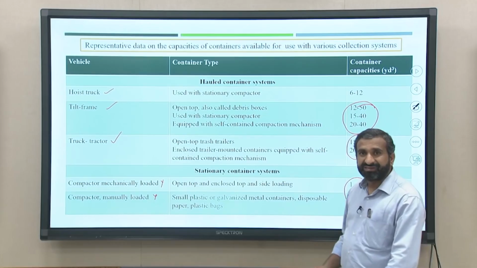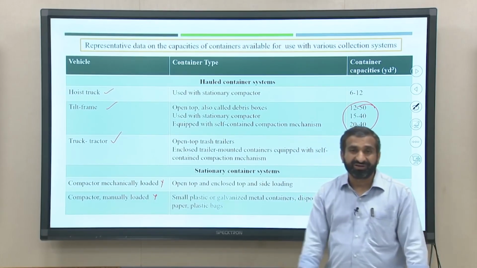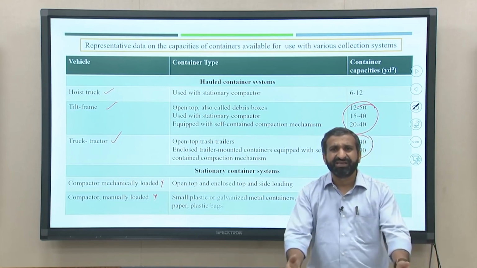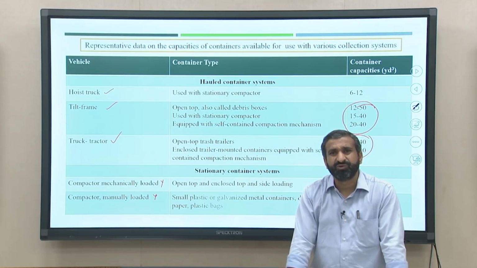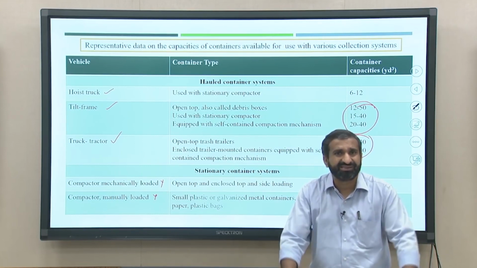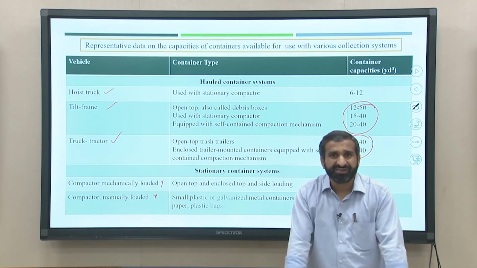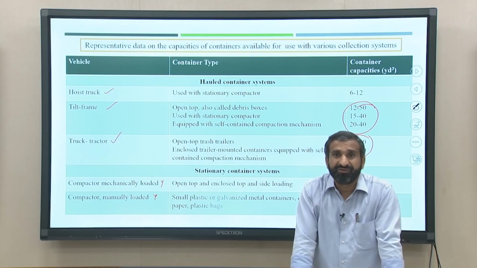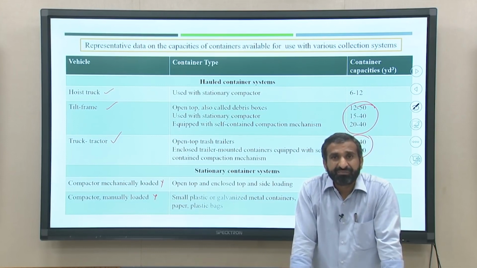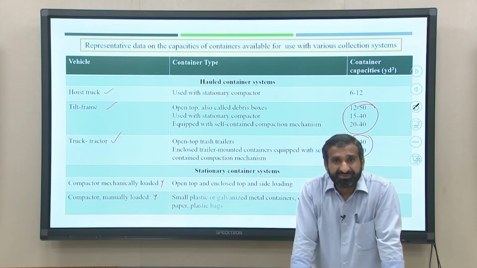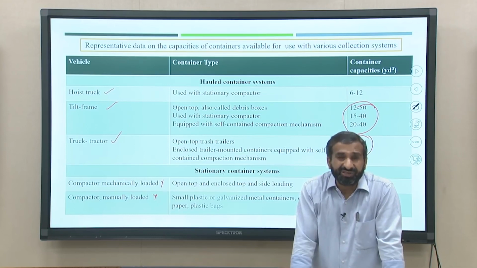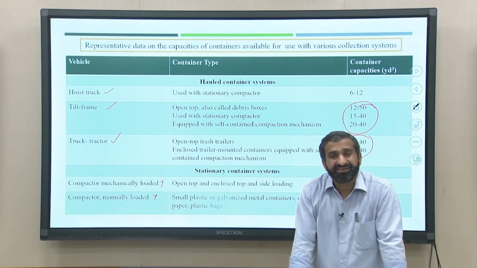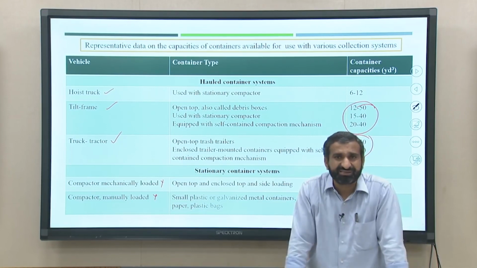So, there will always be discussion about when to go for the haul container system and when to go for the stationary container system. The basic explanation is that both container systems are highly beneficial. The major idea is that when the waste generation is very large, with bulky items and construction and demolition waste, go for the haul container system.